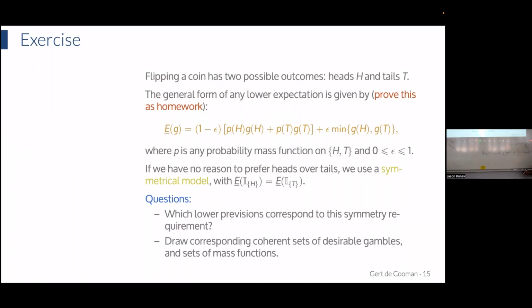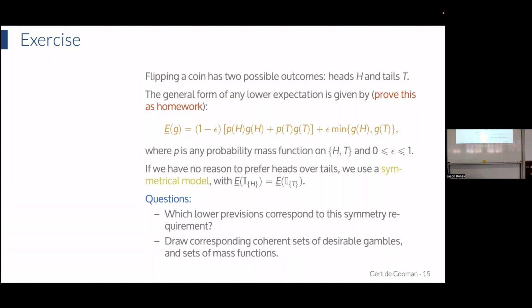The symmetry requirement reduces to forcing this precise probability to become 1/2. There's still the imprecision, there's still this epsilon. This also works, of course, if epsilon is equal to 1, because then this drops out. This is the solution.